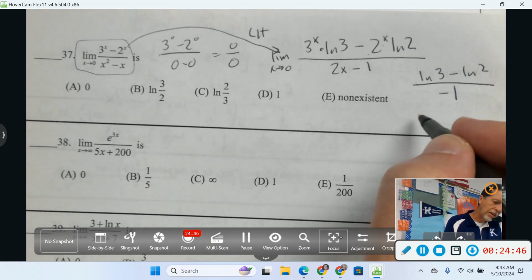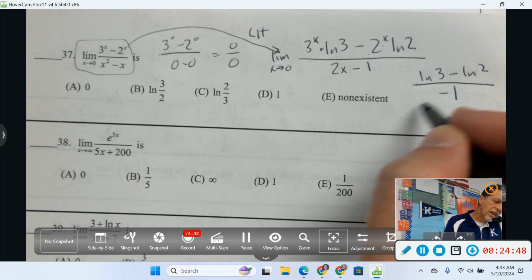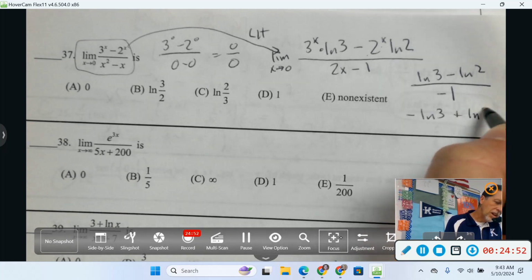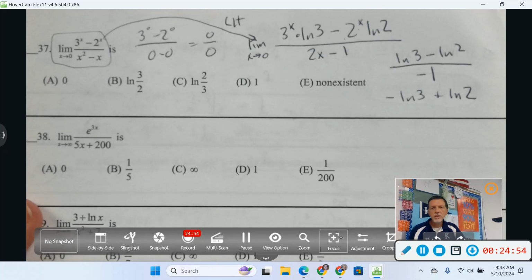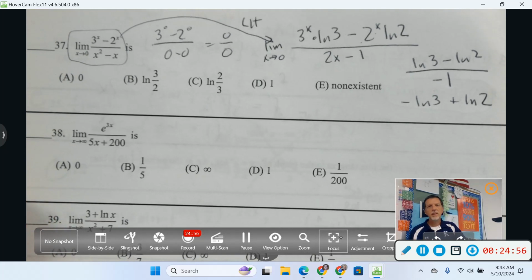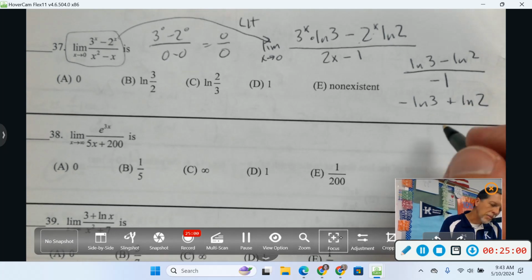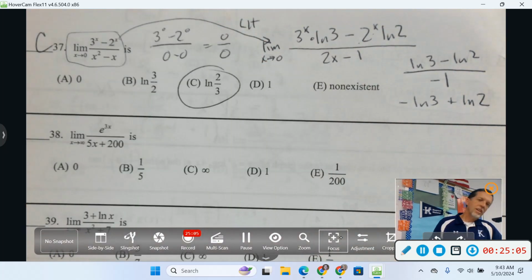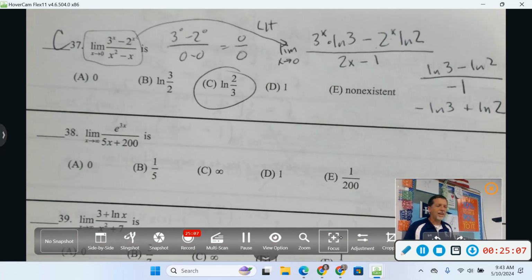Let's see how to best do this. I'm going to divide them both by negative, so negative natural log 3 plus natural log 2, which means we could combine them with 2 in the top and 3 in the bottom. It's another one with a little bit of calculus and a little bit of algebra. Maybe more algebra than calculus.